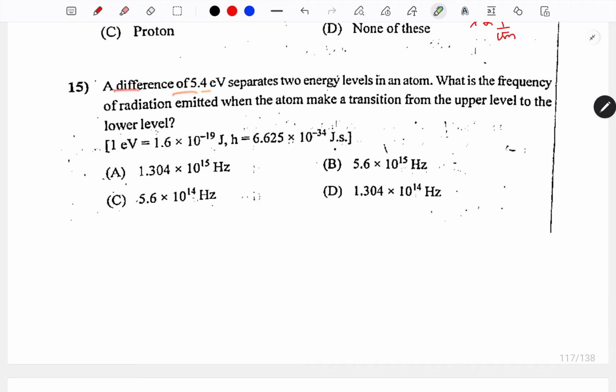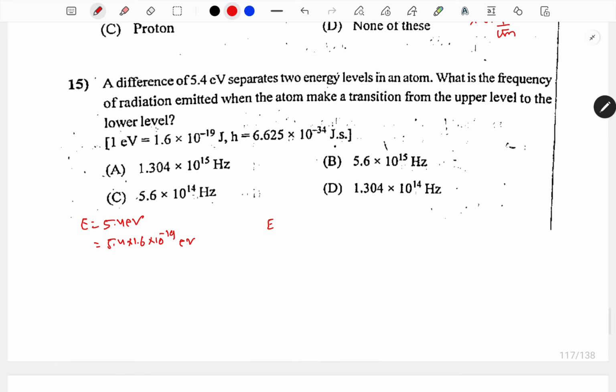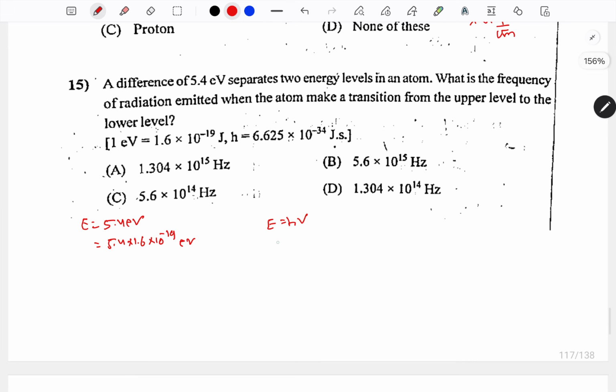A difference of 1.5 electron volts separates two energy levels in an atom. What is the frequency of radiation emitted when the atom makes transition from upper level to lower level? Okay, transition of atoms. So for that energy is given as 5.4 eV, and for that we can say 5.4 multiplied by 1.6 into 10 to the power minus 19, and E is equal to hv, and we have to find the frequency.